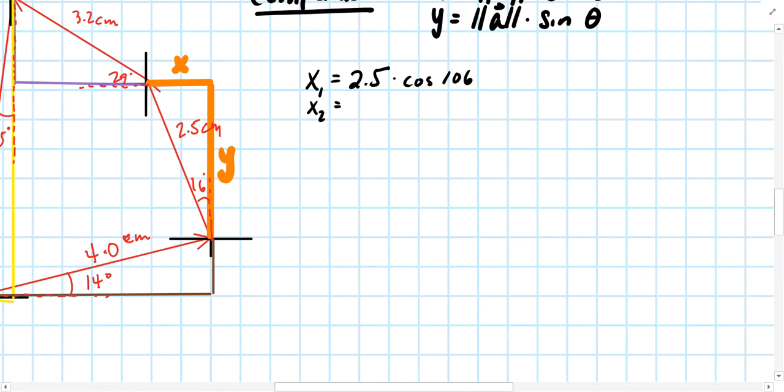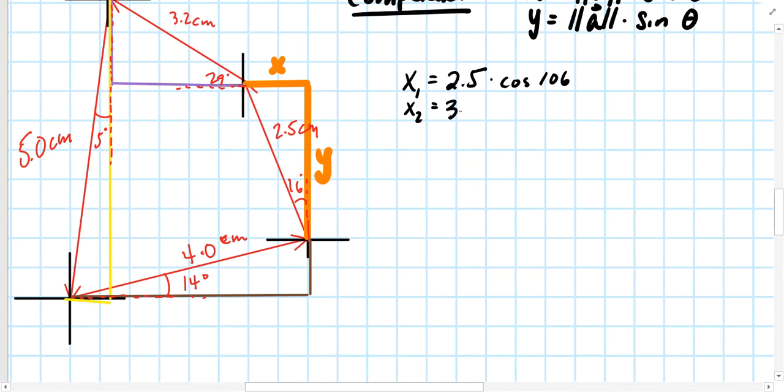For vector number 2, we'll call that one 3.2 times cosine of not 29 degrees, but 151 degrees, because again, this 29 degree angle measure, it measures off of the leftward direction. We want it measured off of the positive x-axis. So that's 151 degrees.